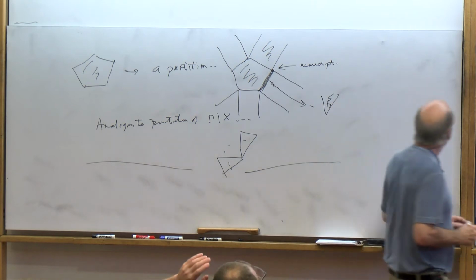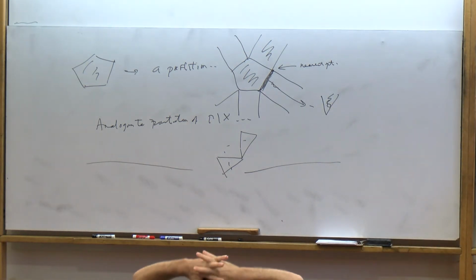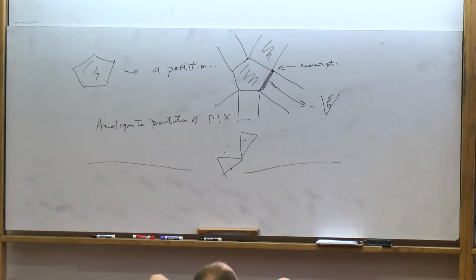Okay. And now I can tell you what Arthur's truncation property is. So I need some more notation.